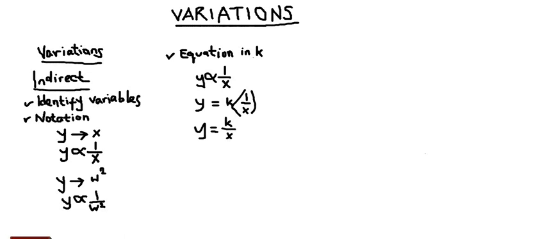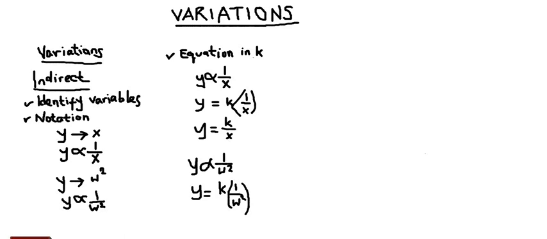If we look at the other example, which says y varies inversely as w squared, then the equation in K will be y is equal to k times this inverse, which is 1 over w squared.